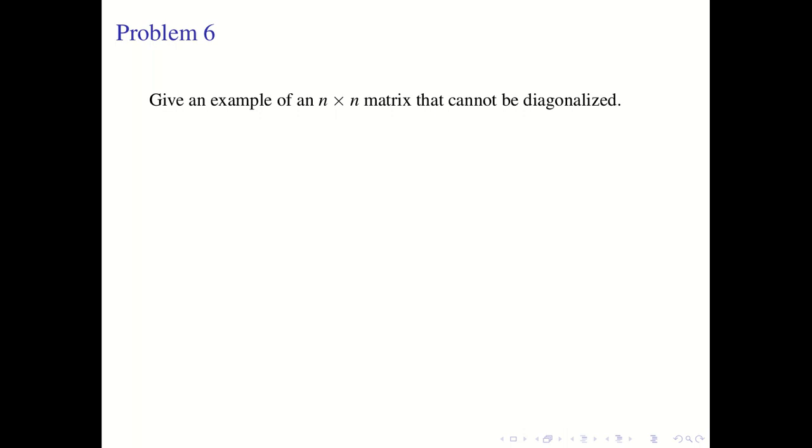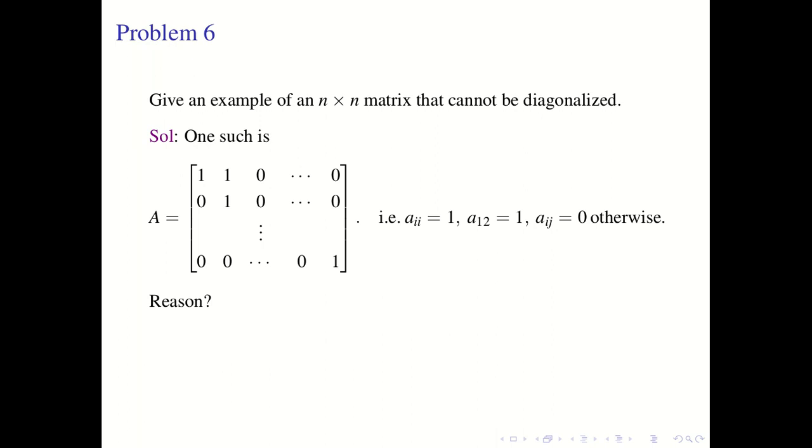Using the same idea, we have another matrix. We have an n by n matrix whose diagonal entries are 1, but there is one more non-diagonal entry with 1.